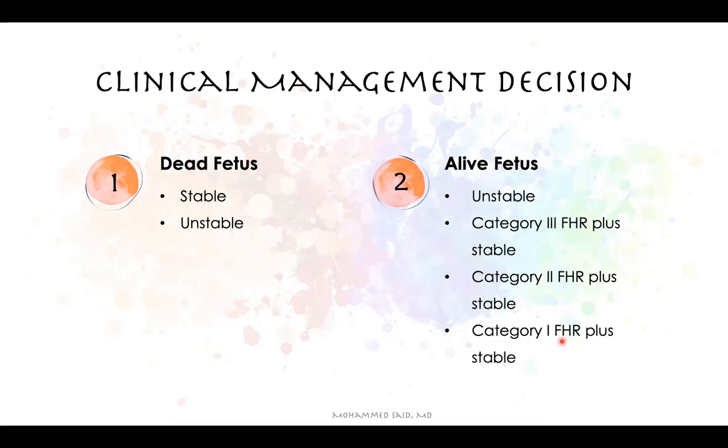And if at any point the patient deteriorates or anything happens, you're going to go back to the beginning of the algorithm, manage accordingly, and deliver the patient. If the patient presents after 36 weeks, she's stable, the baby is stable, but she's more than 36 weeks, usually you're going to deliver this patient. You don't have to wait.